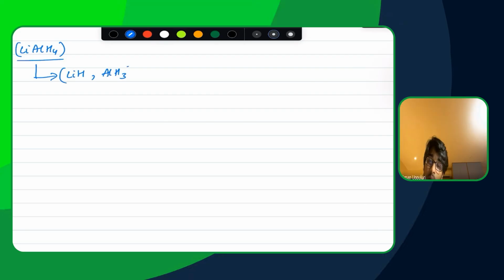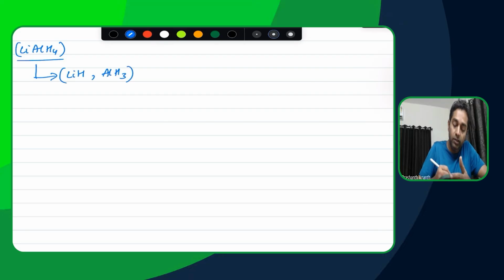What happens is that LiH can more easily break down into Li plus and H minus when the H minus is in the presence of something which will stabilize it. H minus is not normally stable, which is why it doesn't break that easily.